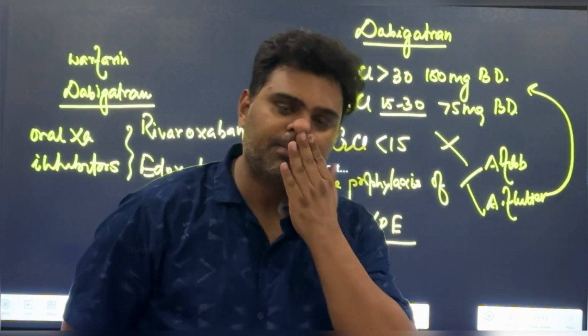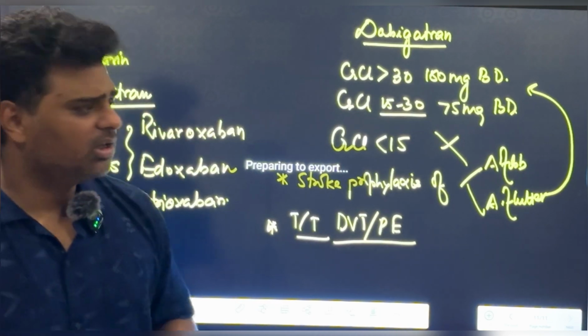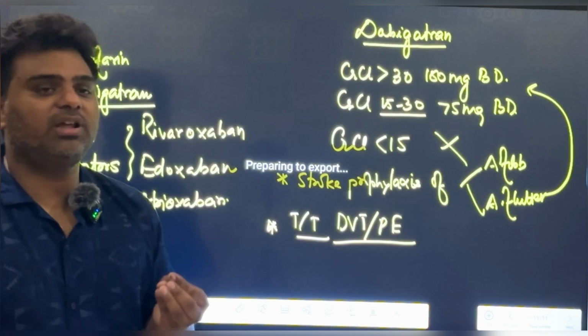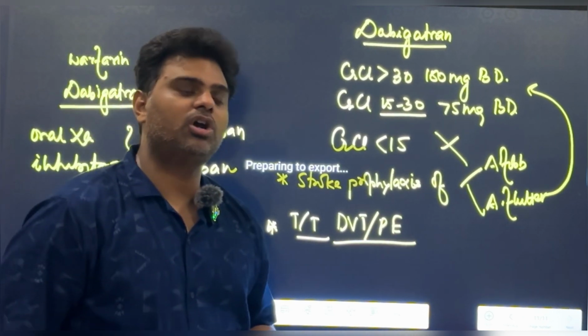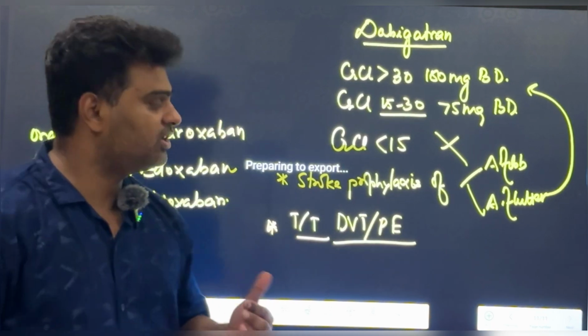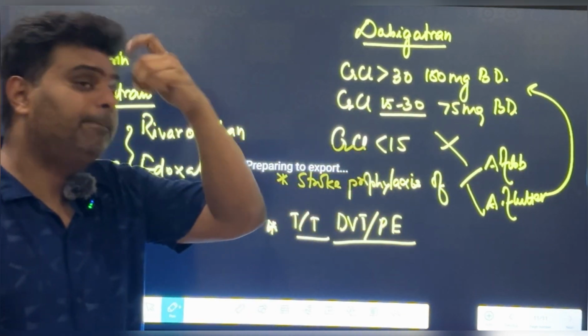I will take a separate lecture to tell you what bridging therapy is, because otherwise this lecture will be very long. Just understand that in bridging therapy, in the initial 5 days, you give low molecular weight heparin or unfractionated heparin or fondaparinux. And after 5 days, you stop heparin and continue this drug. That is known as bridge therapy.